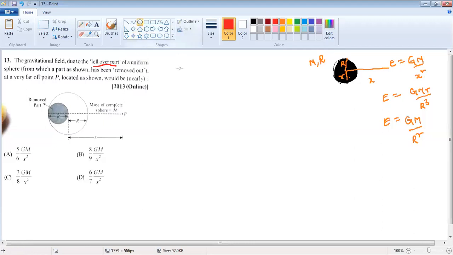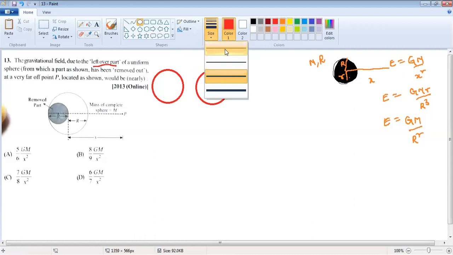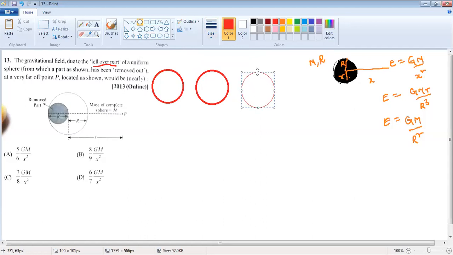So look at here. This is the solid sphere. This is a full sphere. In this, some portion is removed.